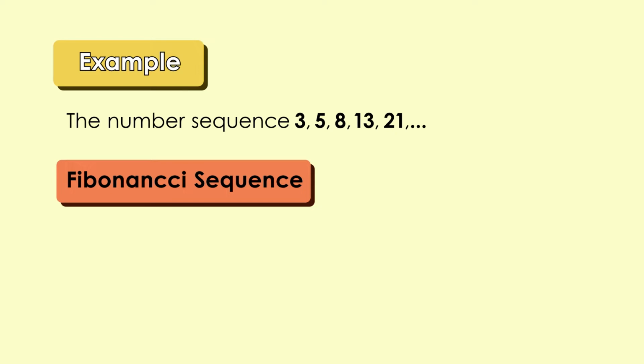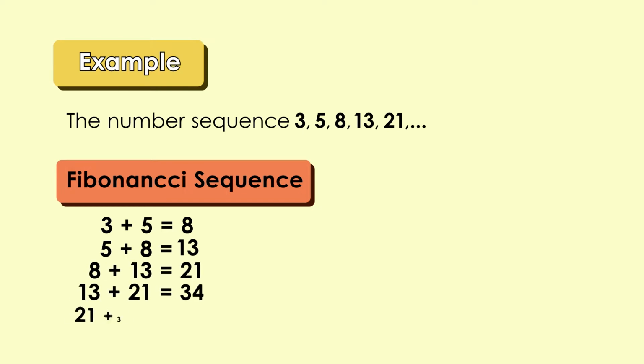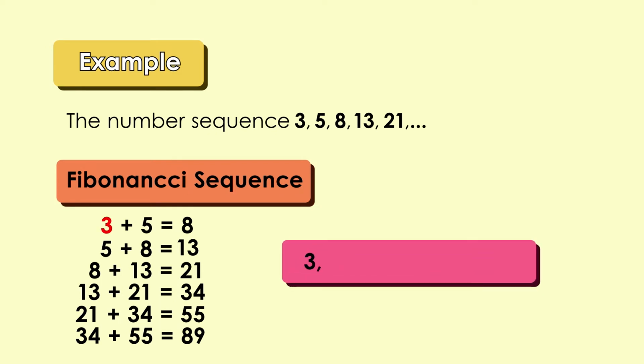That is, 3 plus 5 is 8. 5 plus 8 is 13 and the sequence continues accordingly. 3, 5, 8, 13, 21, 34, 55, 89. So, the rule of this sequence is the sum of the preceding two numbers.